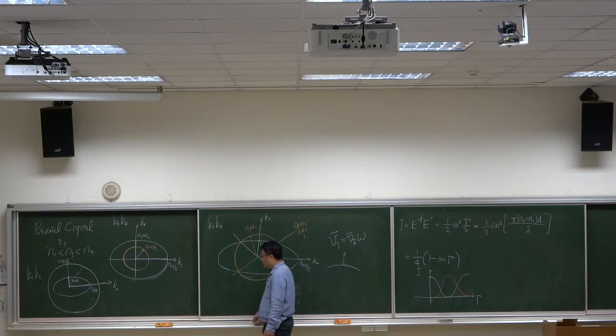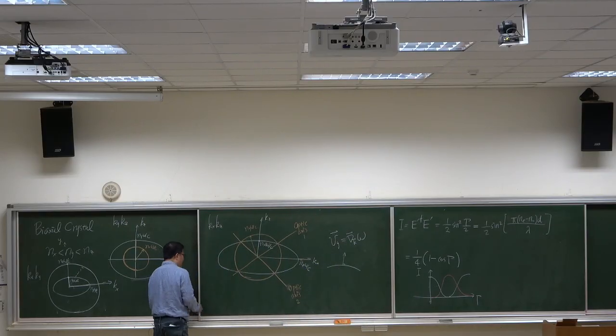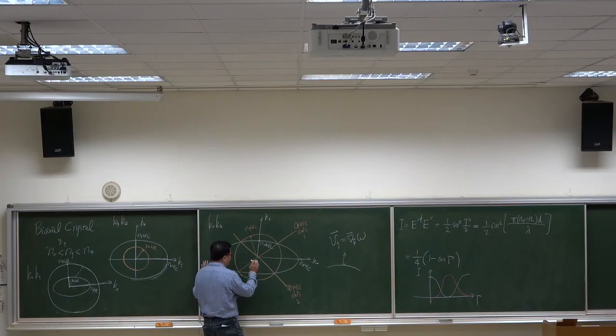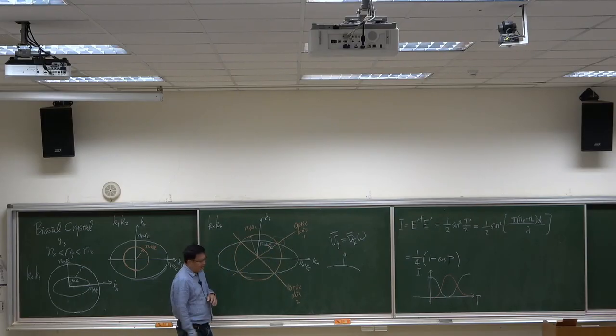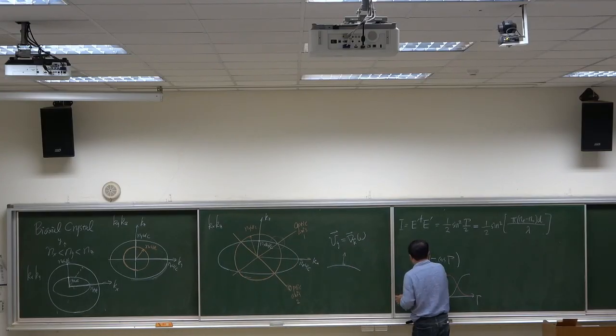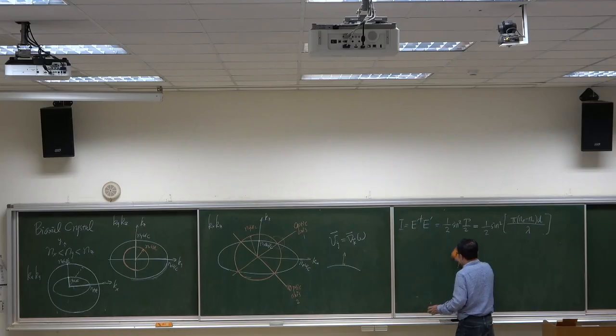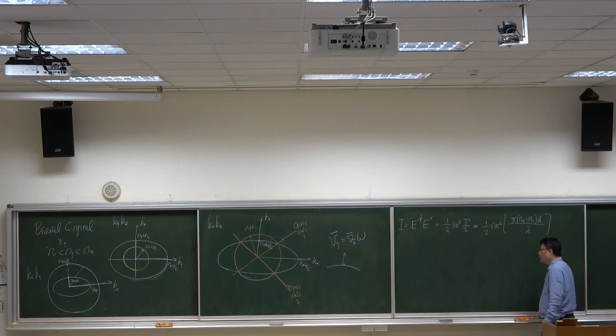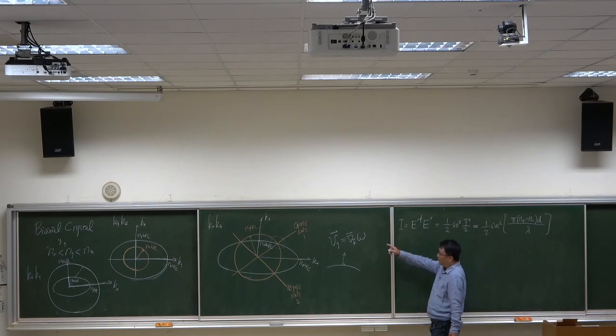However, if we consider a region that is very, very close to this point, then locally, at this very special point, we have no definition of the gradient of omega or the normal vector, because locally it looks just like a cone.